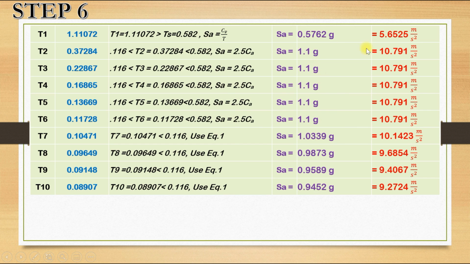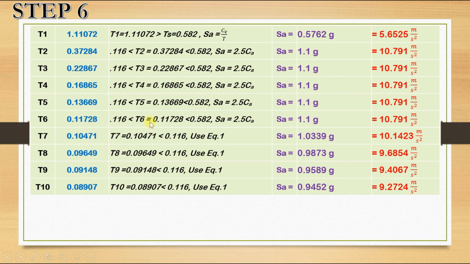So of course, pareho lang din ang magiging value. So pag i-compute natin ito gamit itong formula na 2.5 CA, magkakaroon tayo ng SA is equal to 1.1 times the gravity na 9.8. So mag-accumulate siya ng 10.791 m per second squared.